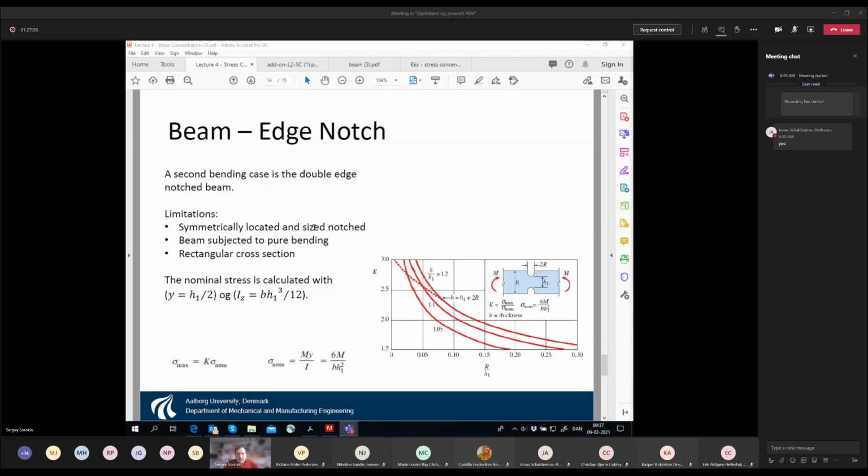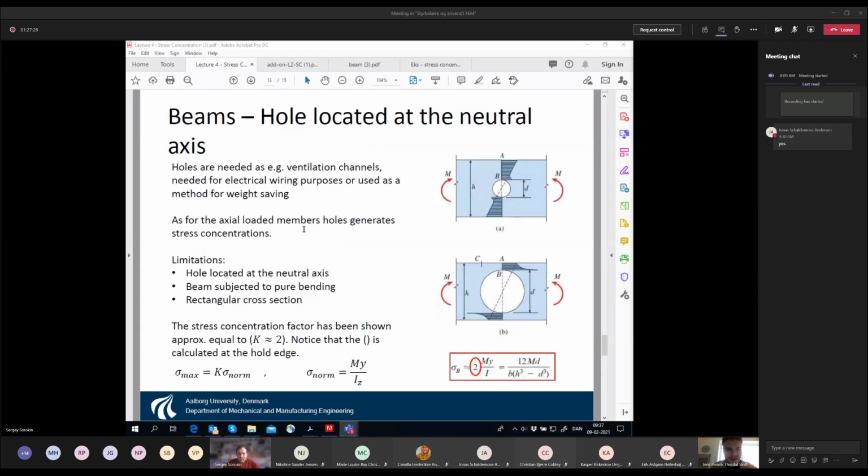I have a question as well. Yes, please. I was just reading the last sentence on this slide, where it says, "Notice that the parenthesis is calculated at the hold edge." What is the hold edge?